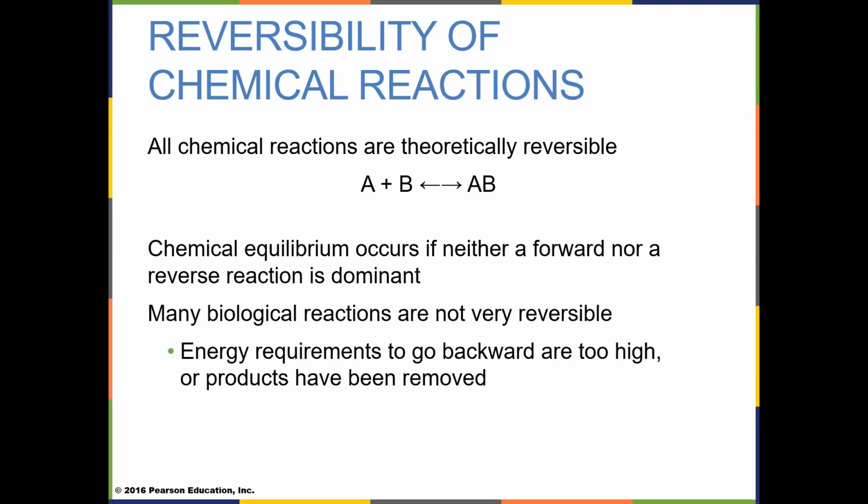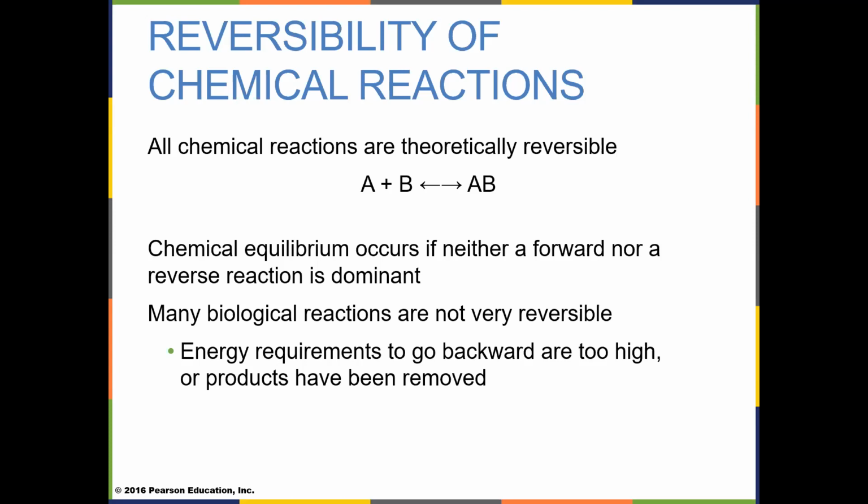That, and the fact that the concentrations of reactants in our bodies are so small to begin with, and after we break them down and release carbon dioxide and water and energy, there's nothing left to go back.